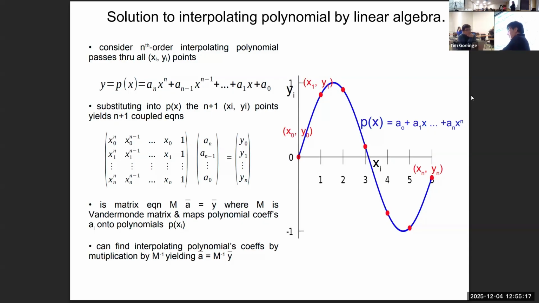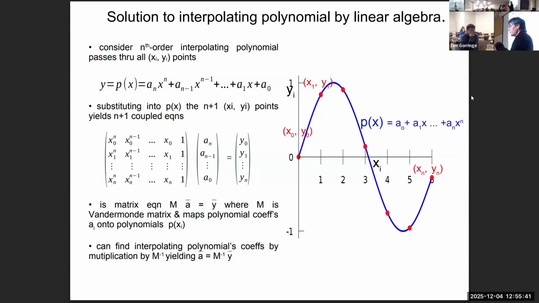I don't know how to answer the question of eigenvalues, but the Vandermonde matrix comes about, in my experience as a non-mathematician, when we did least squares fitting.